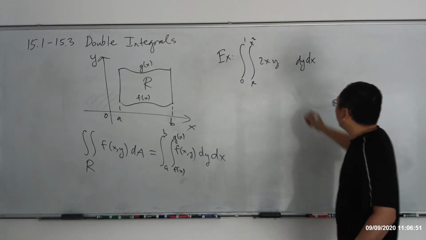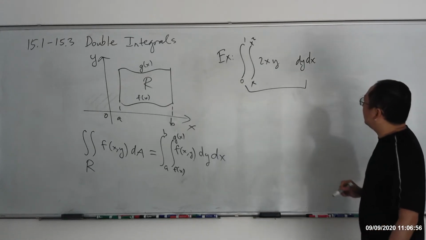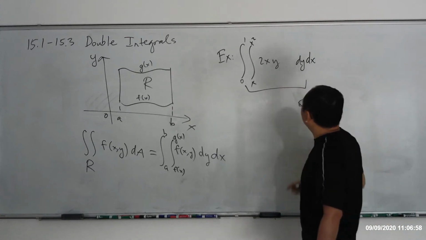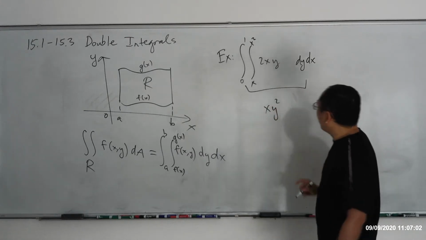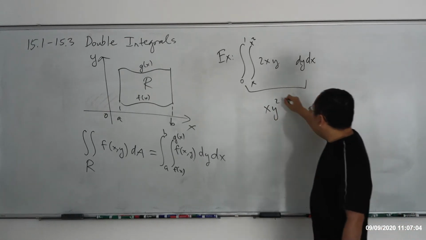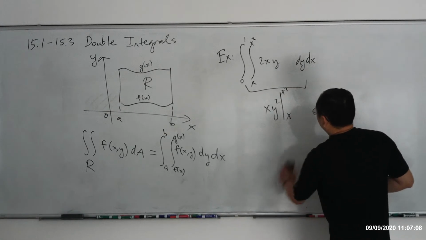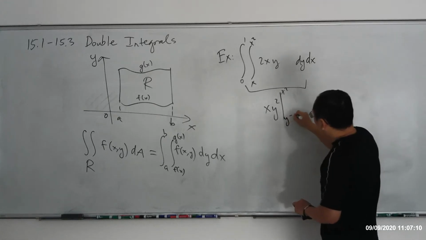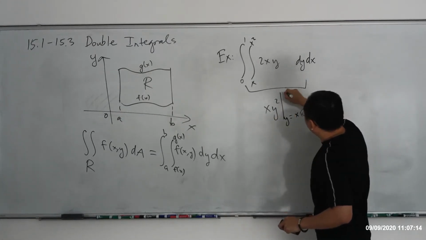All right. So now we're going to take care of the integral inside the other integral. The integral of 2xy dy is going to be xy squared, right? In terms of y, x is a constant now, and that runs from x to x squared. Let me write a little bit clearer. Y runs from x to x squared.